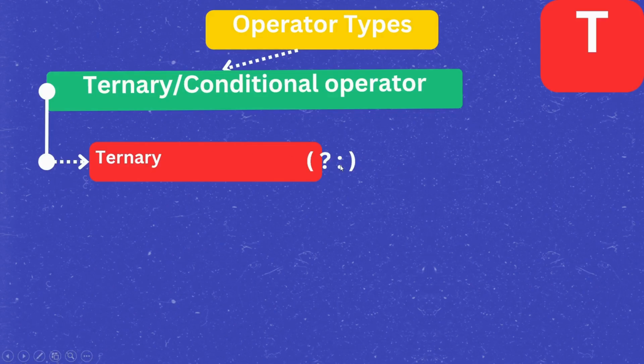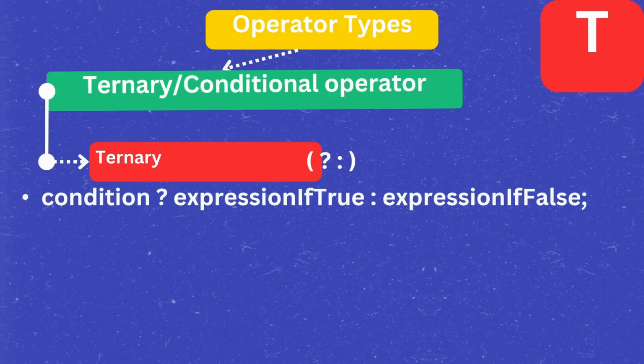The syntax is: first the condition, then the question mark, then an expression which is executed if your condition is true, and then a colon and then an expression which is executed if the condition is false. So if the condition is true, the expression on the left side of the colon is executed, and if the condition is false, the expression on the right side of the colon is executed.